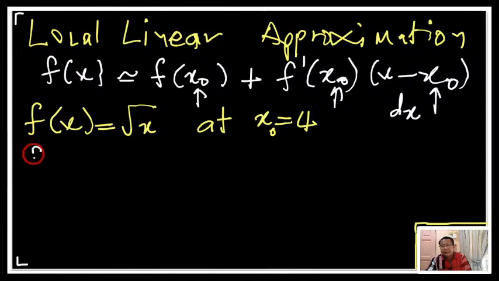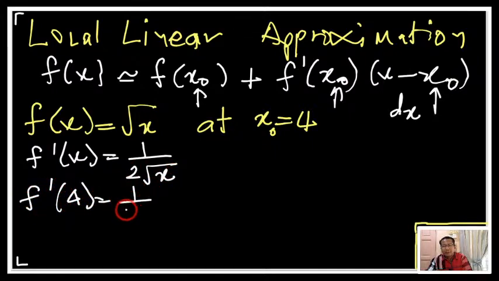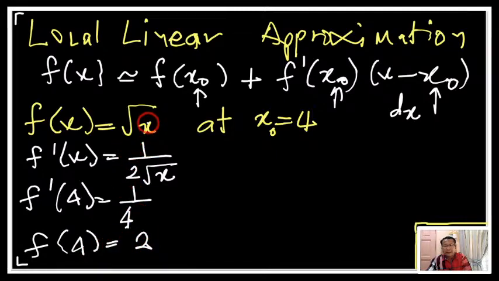So first find the f prime. You get 1 over 2 square root of x. Substitute x0, which is 4, and you get 1 over 4. And then find f(4), which from here you get 2. Now apply the formula.